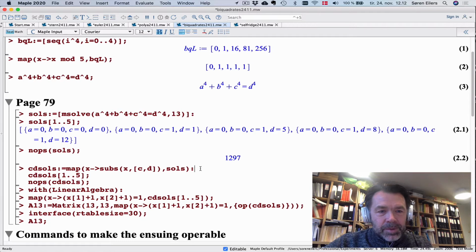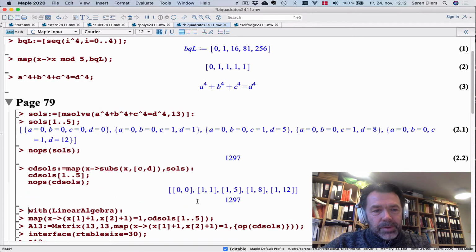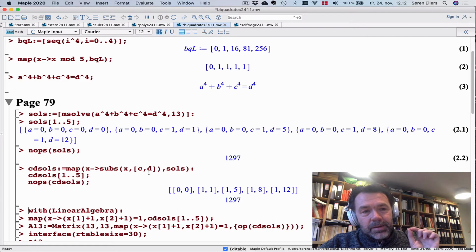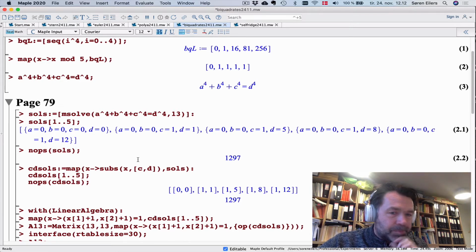So the next thing I'm going to try to do is make a substitution where I extract the C and the D values, because those are the only ones that I care about right now. So that's done by this map command, and let me explain how this works.